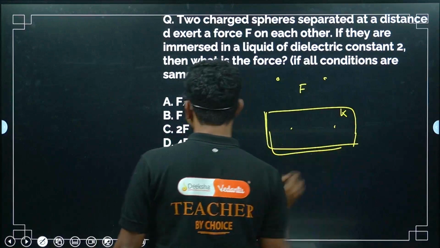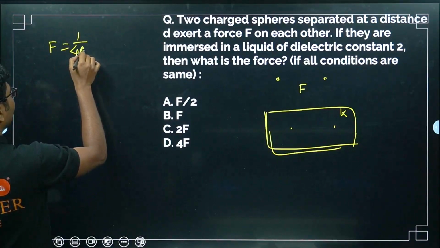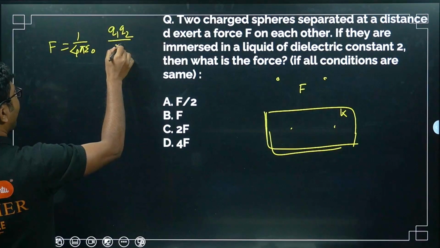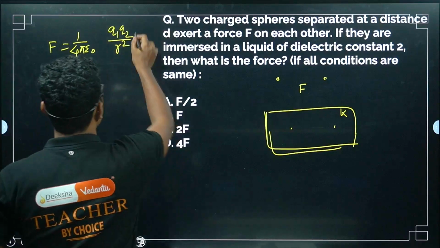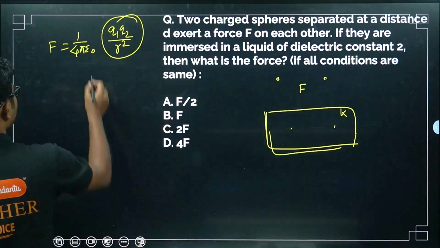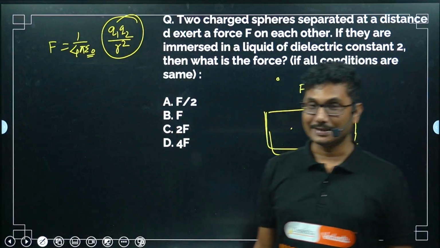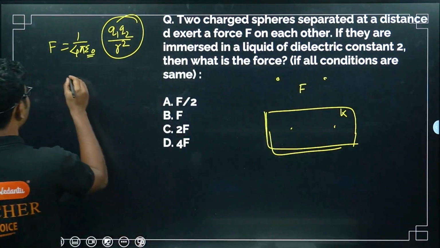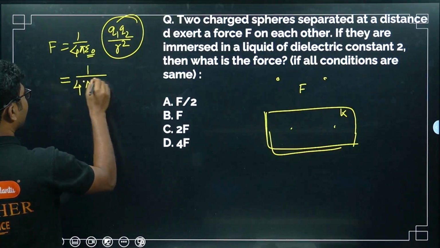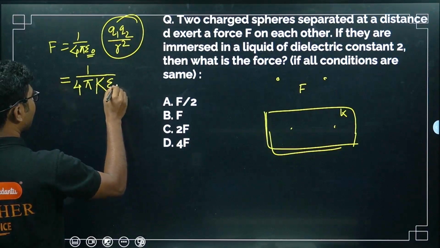Now we remember that the Coulomb force in its formal form comes like this. Everything about this term is not changing. It is constant. The only thing that is changing is this epsilon naught. Epsilon naught is only for space, that is vacuum. But when it is inside a dielectric medium, then this can be written as capital K, the dielectric constant, times epsilon naught.